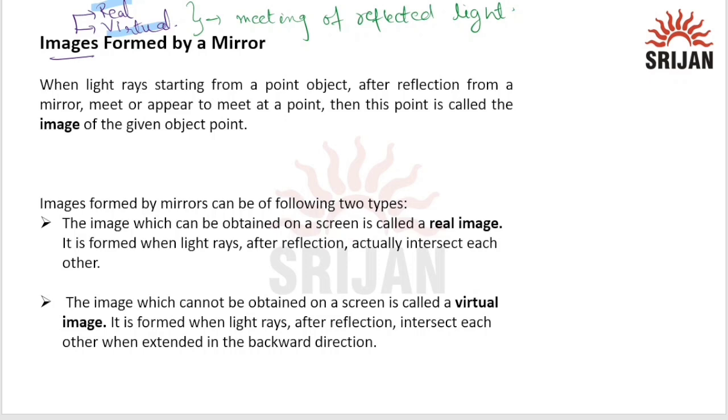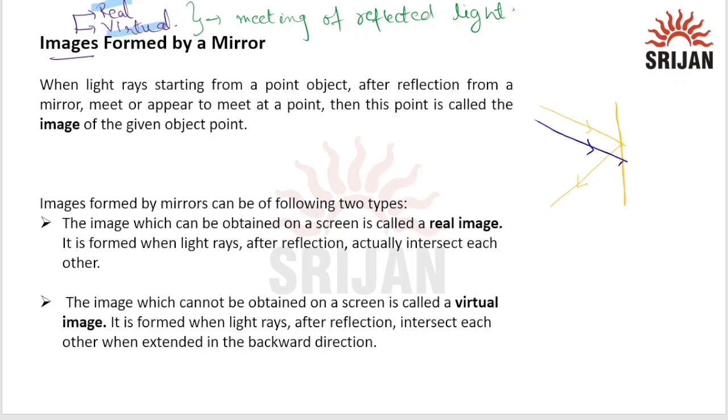For example, suppose a reflection is happening. This is the reflecting surface. The beam of light is falling just like this. What will happen? It will get reflected back just like this. Now let's take a second beam.